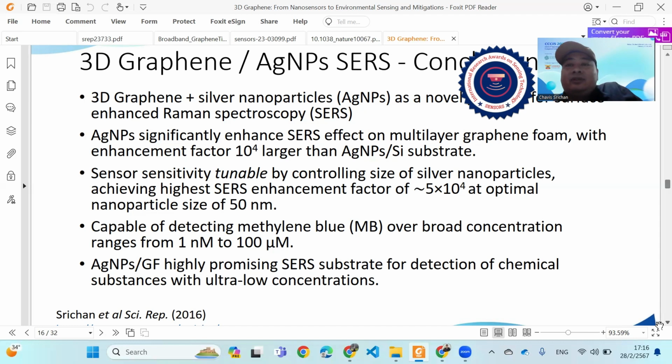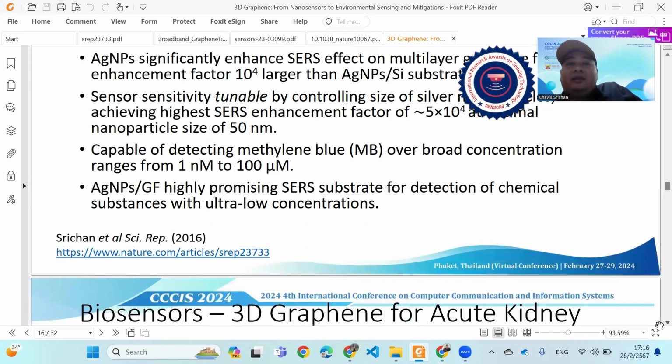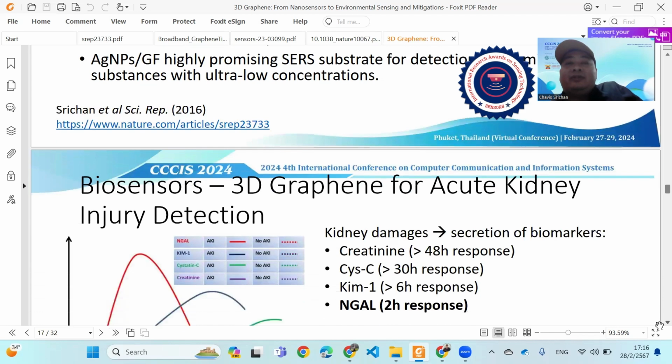So it is good for the sensor to do that. And the specificity is the best.